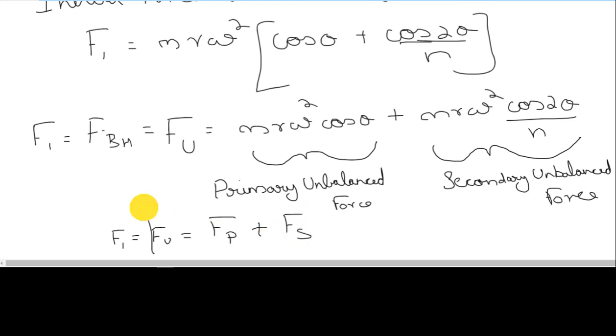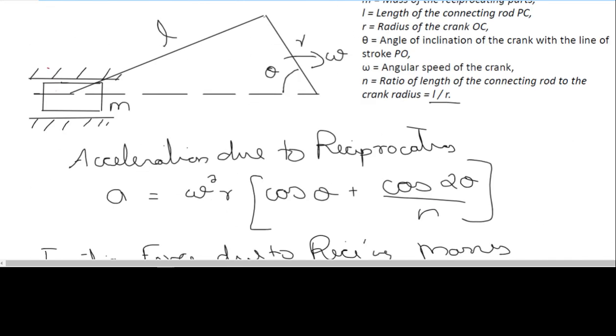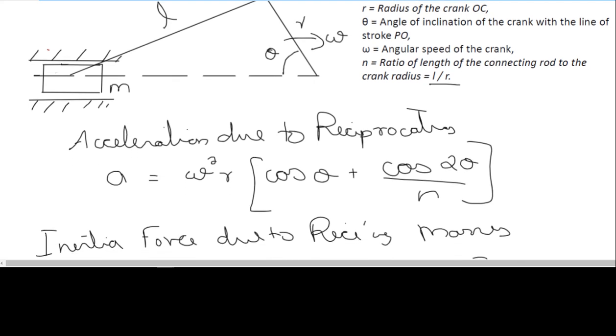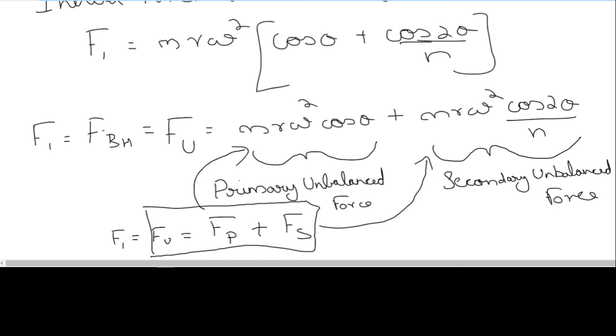So the total unbalanced force will be equal to Fp plus Fs, whereas Fp is equal to mr omega square cos theta, and Fs is equal to mr omega square cos 2 theta by n, where n is the L by R ratio and theta is the angle of inclination of the crank with the line of stroke. The line of stroke is this horizontal. So these are the two components of the unbalanced forces.